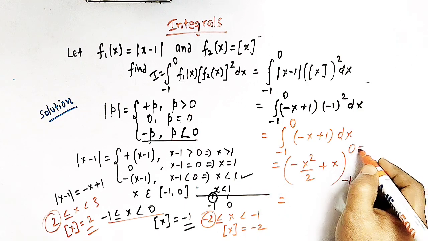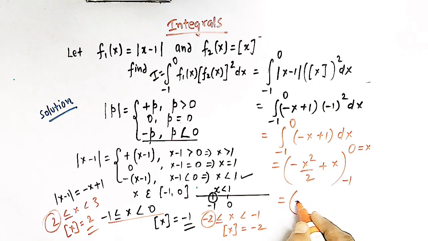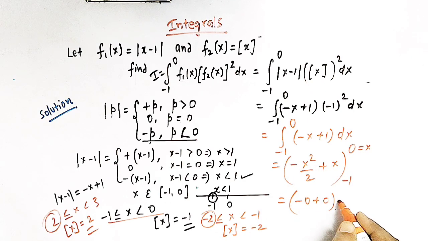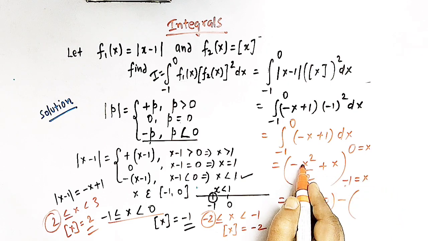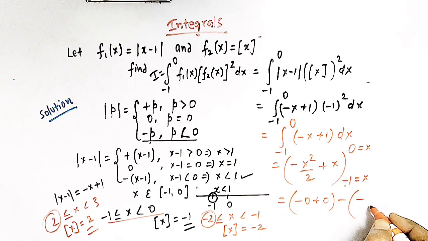So when x is equal to 0, both these terms are 0 here, and when x is equal to minus 1, then minus 1 square is positive, so we have minus 1 over 2, and then here we have minus 1, right?